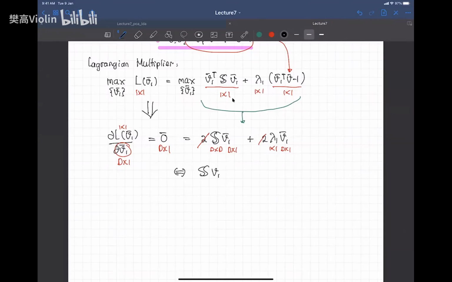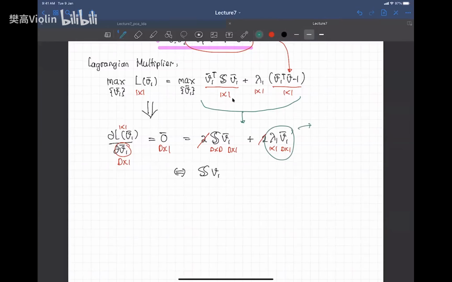Because 1 cross 1, and that should be 1 cross D. Sorry, I don't understand. Which one are you talking about? The last equation: 2 lambda 1 V1. The dimension is not matching. V1 is D by 1, right? So the multiplication has 1 cross 1 cross D cross 1. That will not cancel. No, this one is this one.